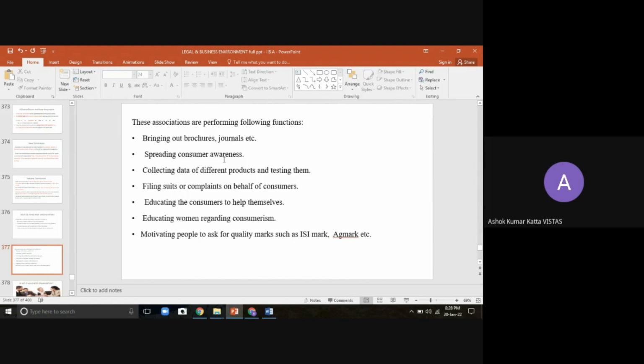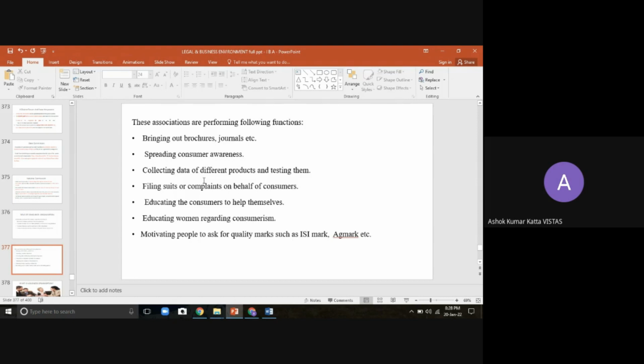So consumers, this is one food-related awareness. Like that, the consumer firms will know about multiple things and guide us in a better way to live our life. They collect data on different products and test them.